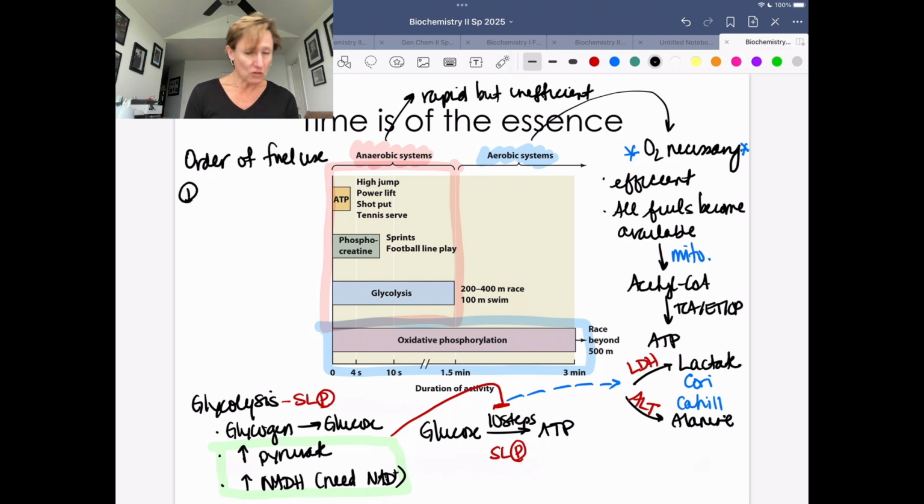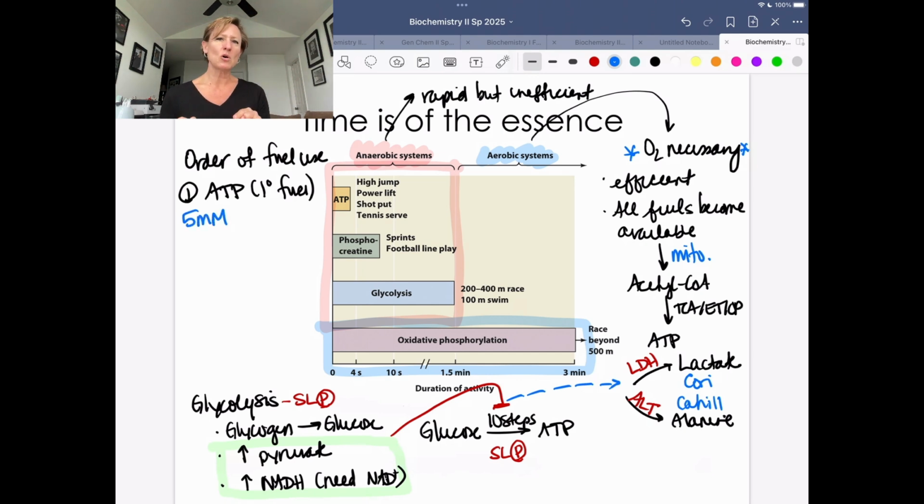if you've got energy, the primary fuel that you want to use is ATP. So again, this is your primary fuel. The number that I want you to remember is actually the same number as glucose, so it's easy to remember. You have 5 millimolar ATP concentrations in your body.